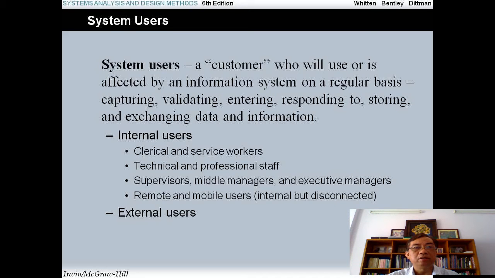They include internal users, clerical and service workers, technical and professional staff, supervisors, middle managers, and executive managers, remote and mobile users, internal but disconnected users, and external users.